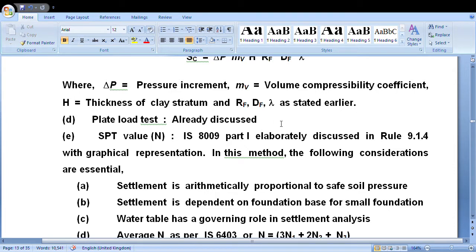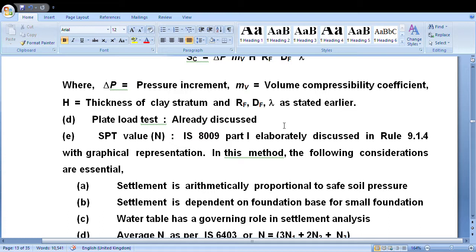there are some standard equations. Say in IS there is an equation for settlement of plate with plate width B. In original ASTM code also there are some assumptions, some empirical relationships from previous history, and there are some textbooks also.